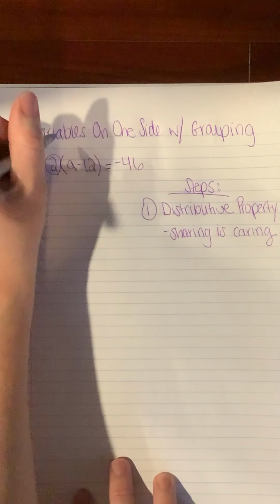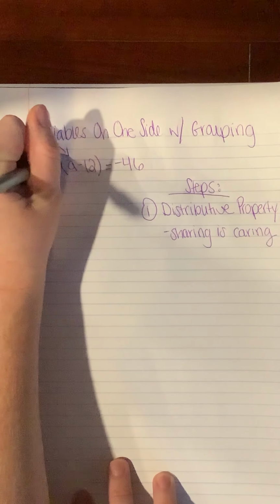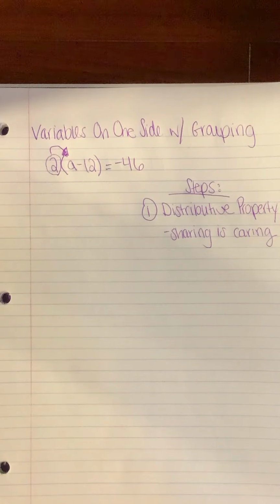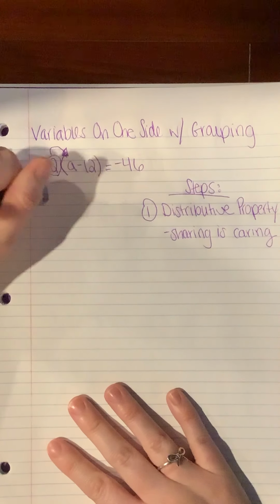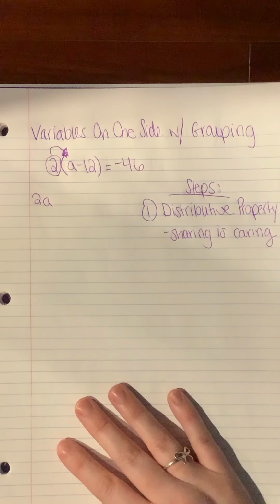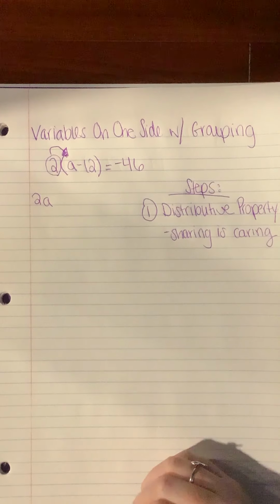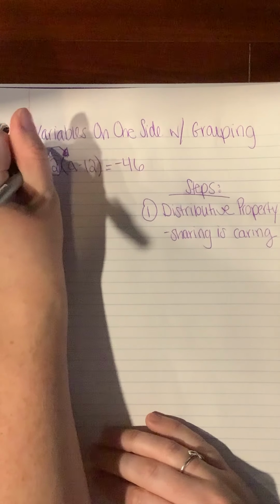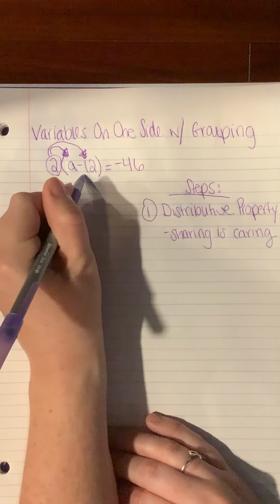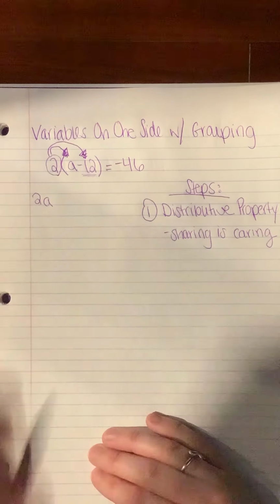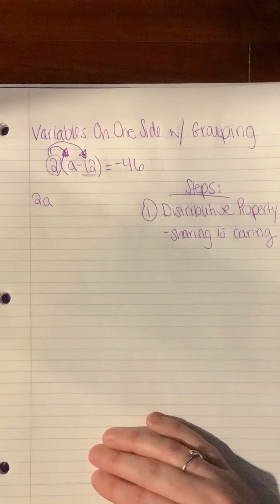So I'm going to draw those arrows. First, 2 distributes to the A. What's 2 times A? Well, I'm going to smush them together: 2A. Sharing is caring, so now I need to distribute that 2 to the minus 12. I like to include the minus or the plus with that second term in your parentheses.